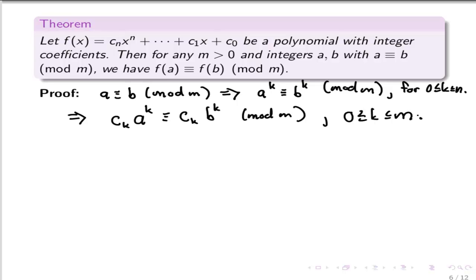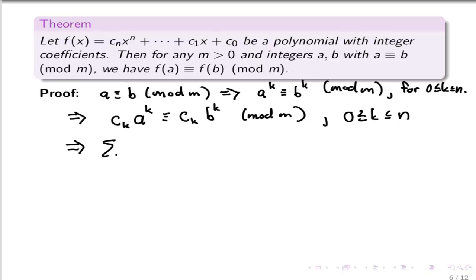And why is that? Well, a to the k is congruent to b to the k, and c_k is certainly congruent to c_k, so again that's just substitution law. And then finally, we've got these n plus 1 numbers, and we're just adding them up.